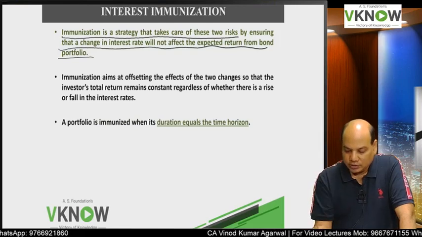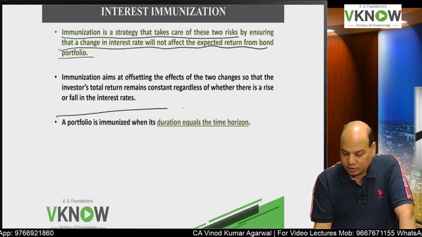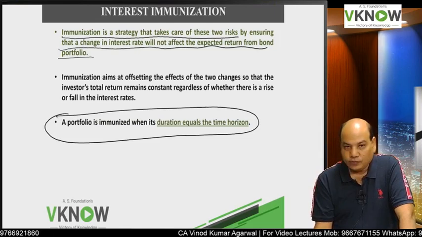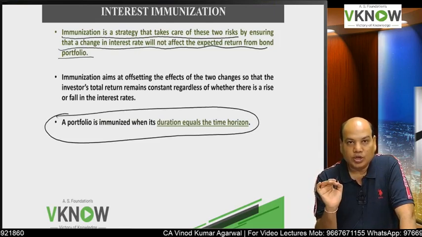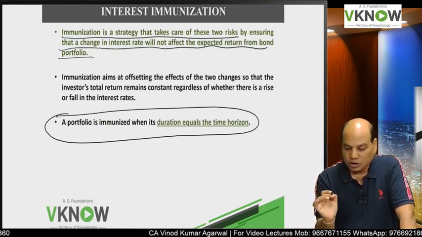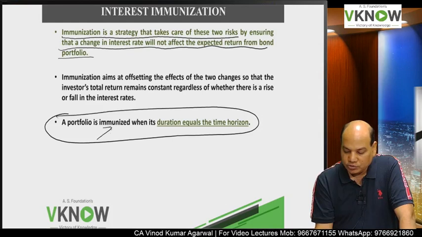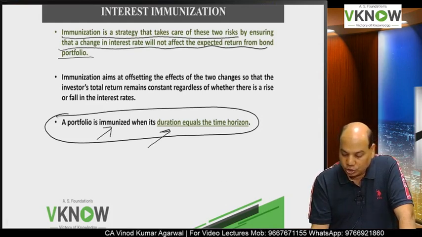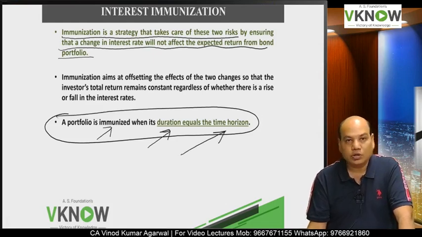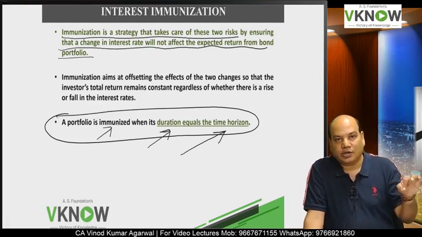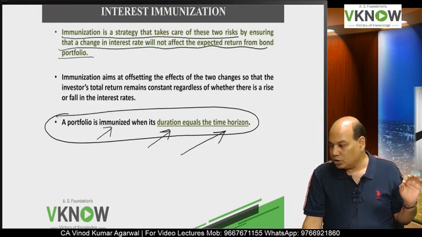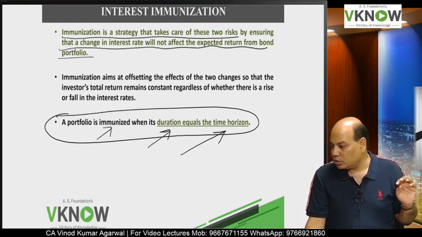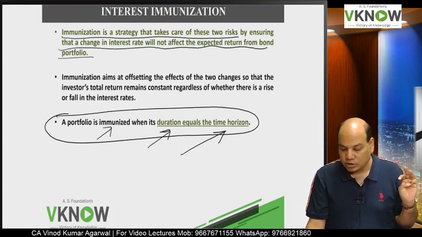So the strategy is, underline this whole thing: a portfolio is immunized, meaning protected from changing interest rates, if the duration of the portfolio is equal to the desired time horizon. If the duration of the portfolio is equal to the desired time horizon, what does that mean?